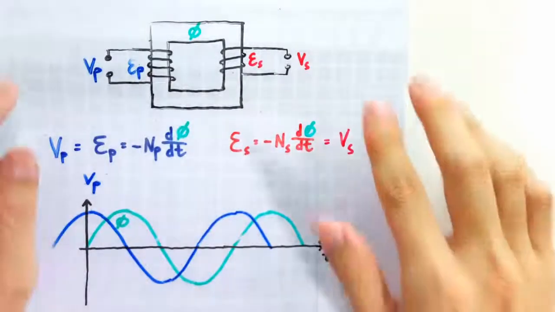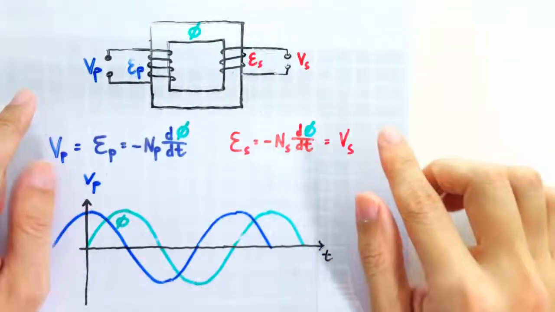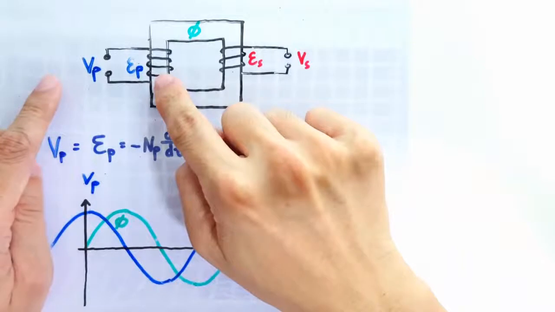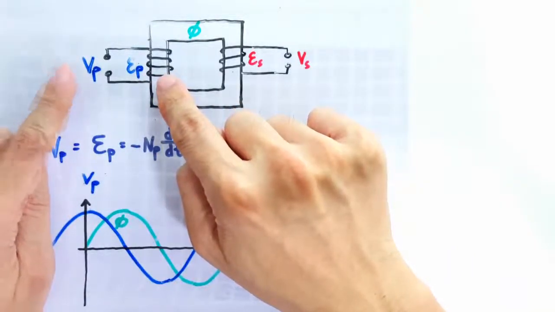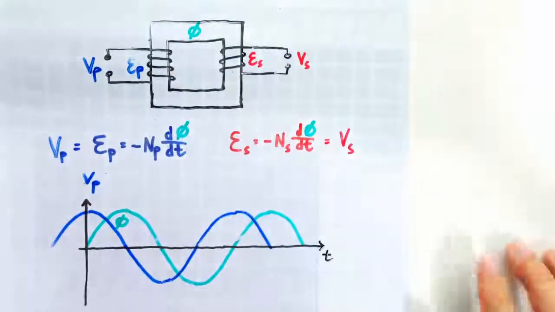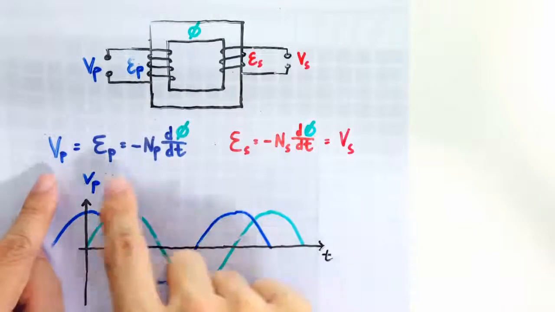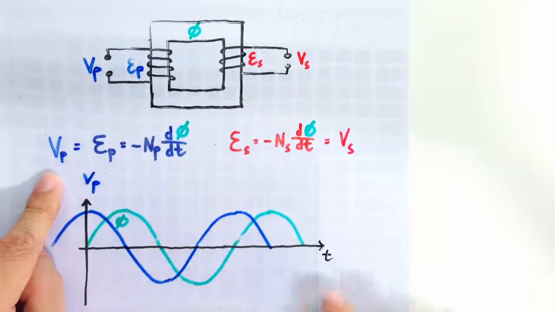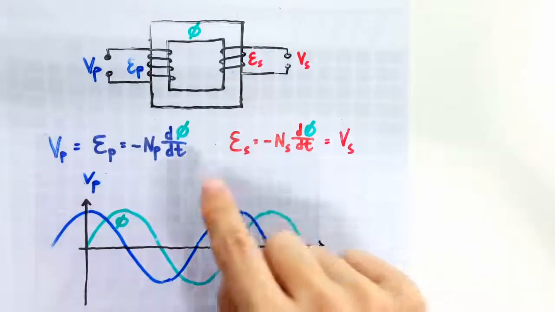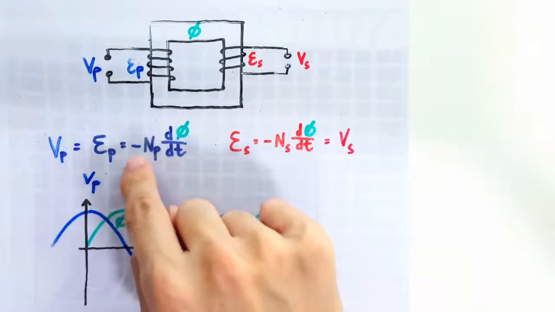Now, some people might point out to you that the induced EMF in the primary coil is actually a back EMF that opposes the applied primary voltage. And they are right. So instead of VP equals EP, it should have been VP equals negative EP. And some of you could have been asking, what about the negative sign here?